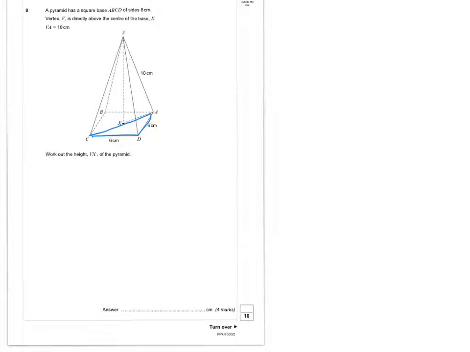Let's first use ACD. So 6 squared plus 6 squared equals 72. So that AC is the square root of 72, or 6 root 2.